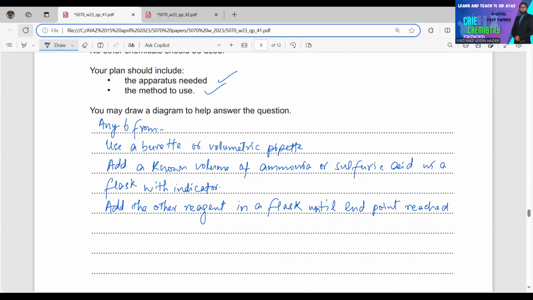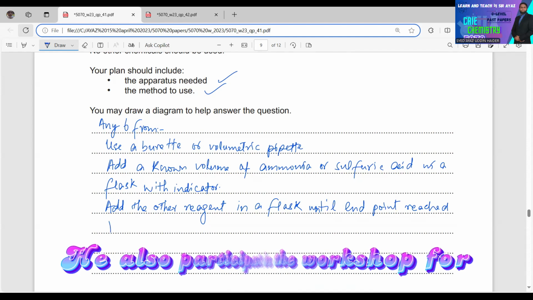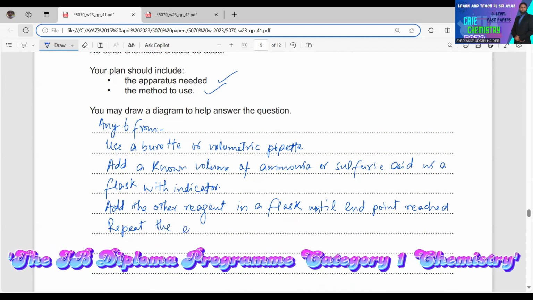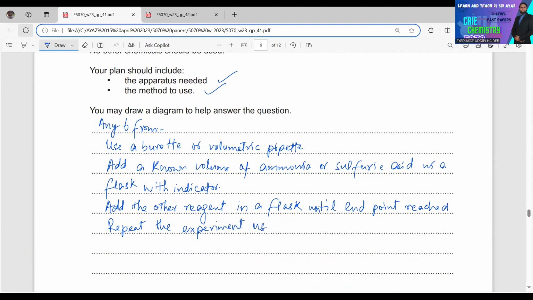Repeat the experiment using the same volume without indicator.